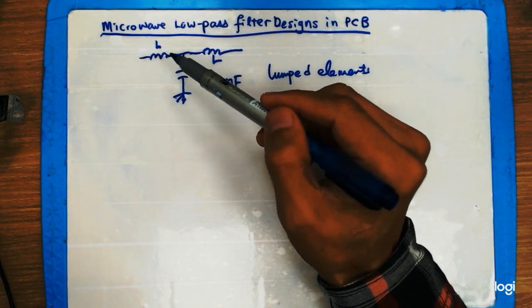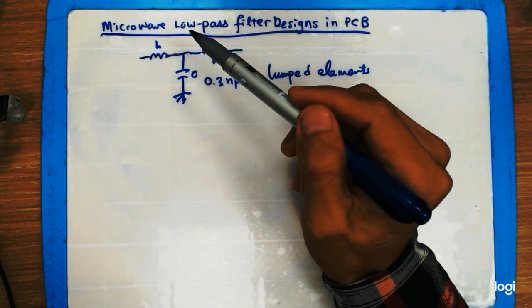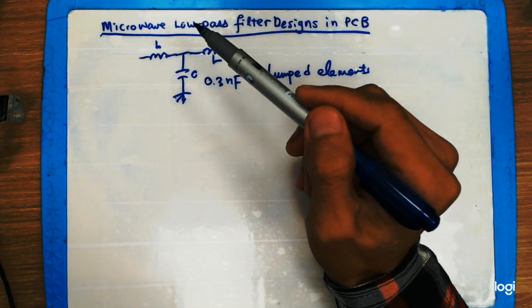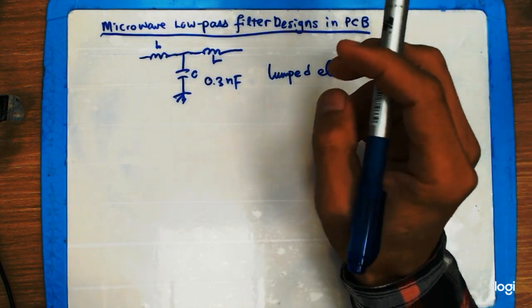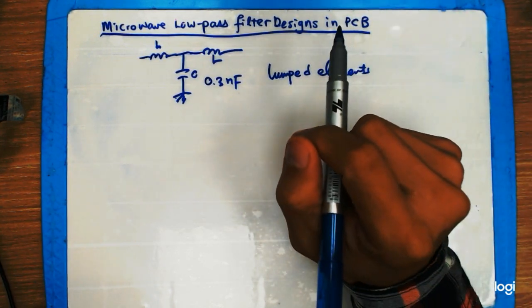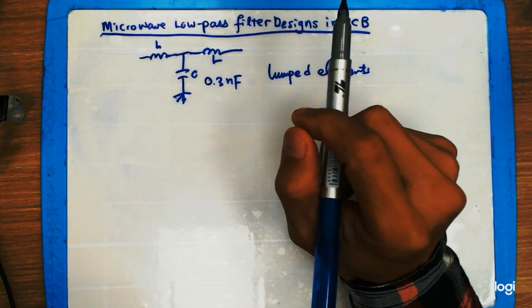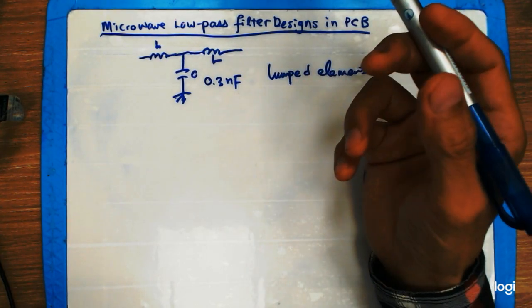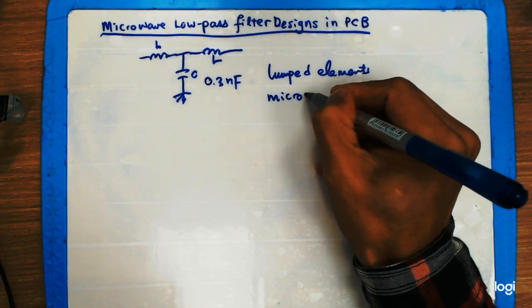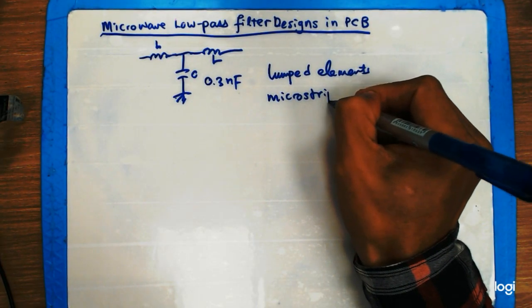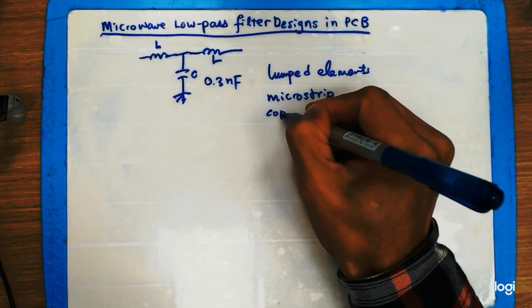In RFIC. So what you can do now is to use other methodology. Say, for example, microstrip, coplanar waveguide.